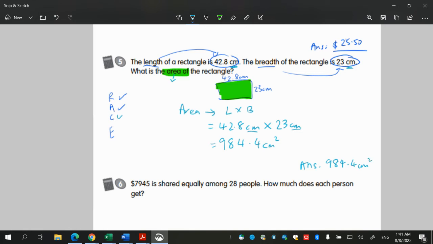That's the unit for area. So I got the units. Now I check whether the answer is reasonable. It's about 40 centimeters. So if I approximate to 40 centimeters times 20 centimeters, I should get an answer that is close to 800 square centimeters. The answer is more because you have bigger dimensions, bigger numbers than that.